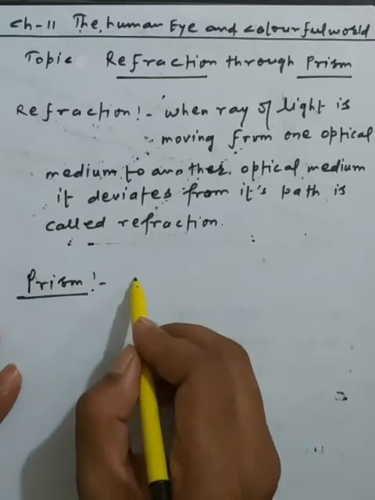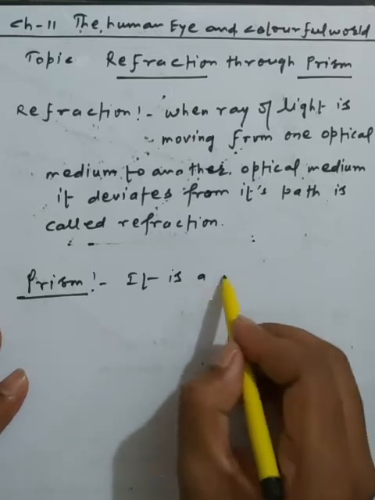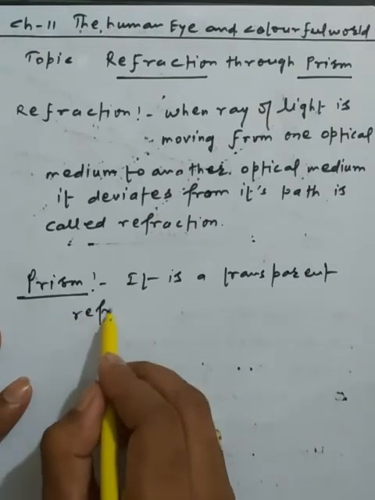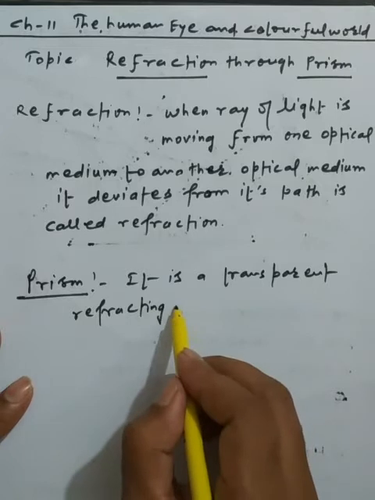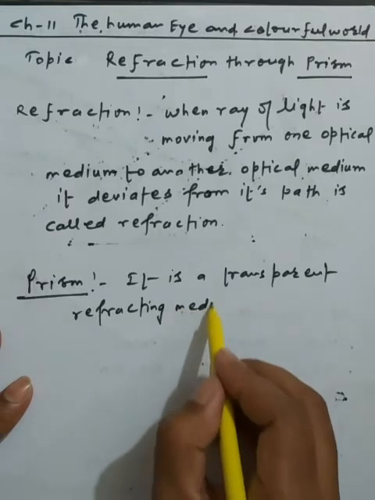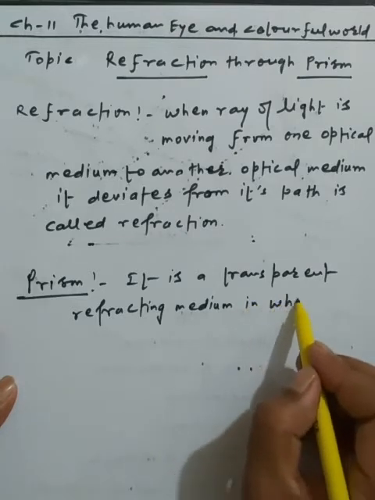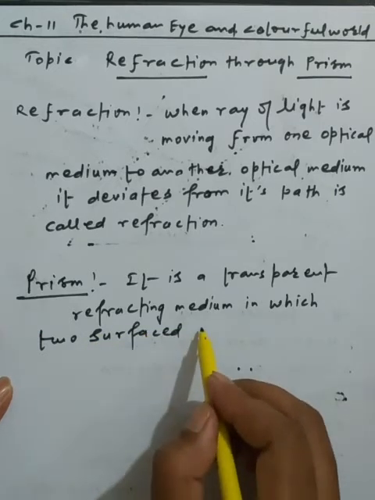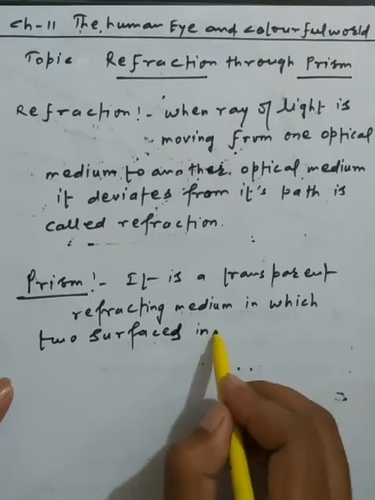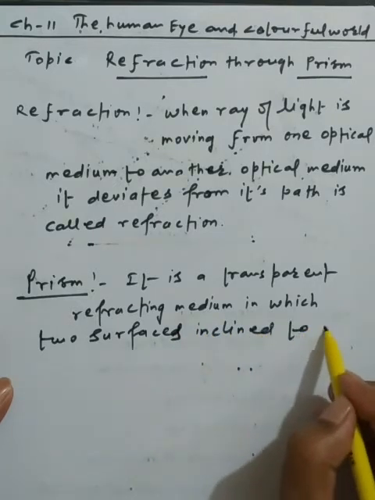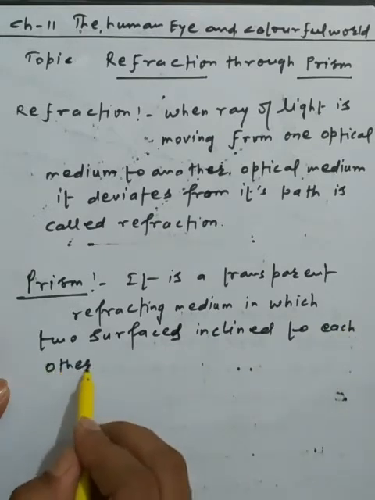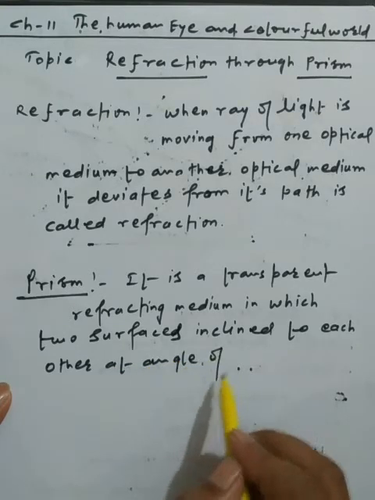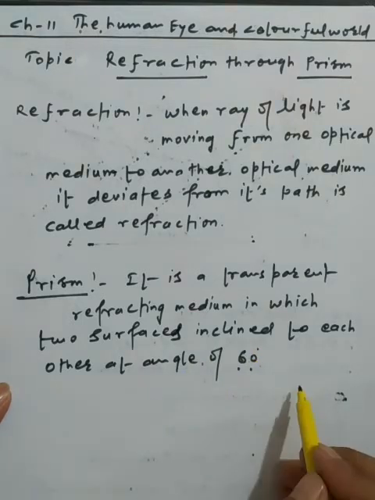The simplest meaning of the prism: it is a transparent refracting medium in which two surfaces are inclined to each other at an angle of 60 degree.